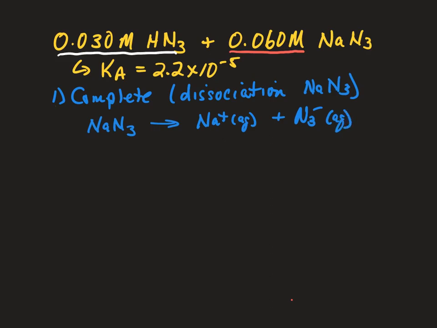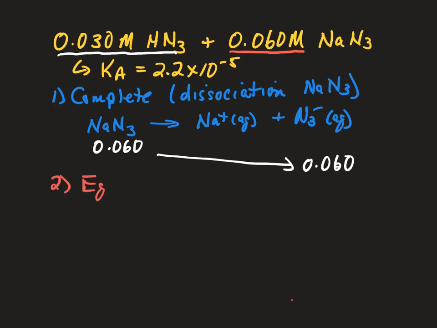From what we saw in the last problem, in a dissociation like this, if we start out with 0.060 molar of that salt, then at the end we're going to end up with 0.060 molar of the product ion.